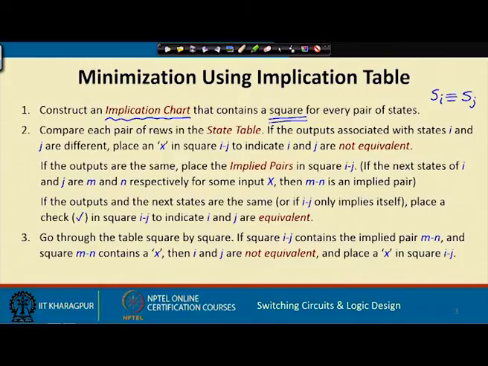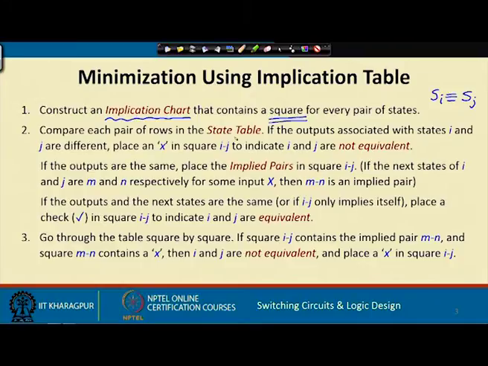Pair of rows means we are talking about a pair of states. We are comparing every pair of states S i and S j in the implication chart, but that is reflected from the state table. Two rows of the state table indicate two different present states, and with respect to that we mark the entry in the implication chart.